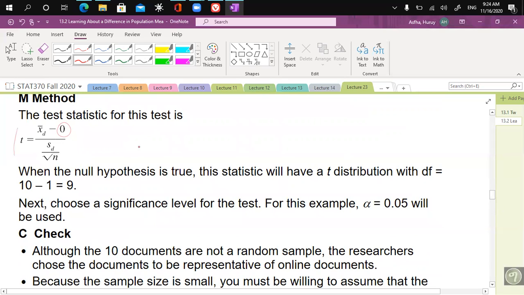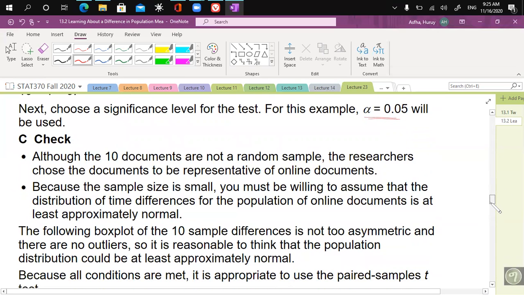When the null hypothesis is true and all three conditions are met, this will have a t-distribution with n minus 1, which is 10 minus 1, so 9 degrees of freedom. And let's take alpha 0.05.